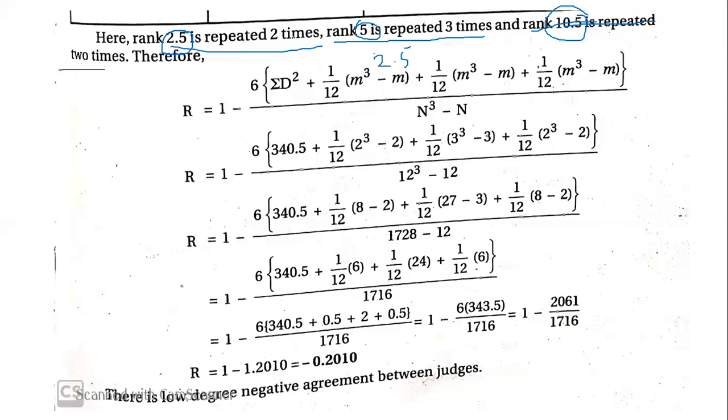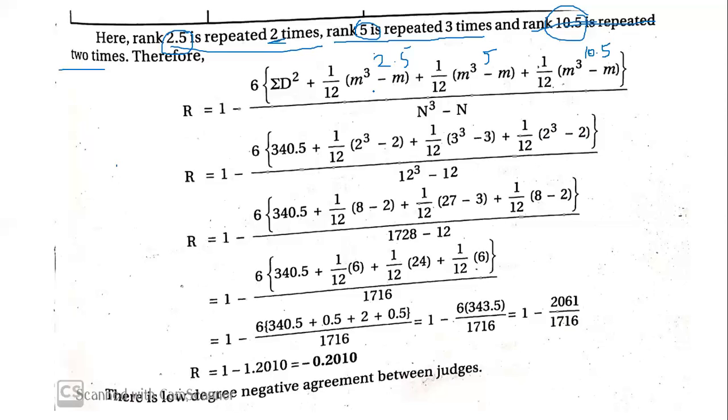Now 2.5 is repeated 2 times, so 2 cube minus 2, plus 1 by 12 into, the next number 5. Now 5 is repeated 3 times, so 3 cube minus 3, plus 1 by 12 into, for 10.5, which is again repeated 2 times only, so 2 cube minus 2.